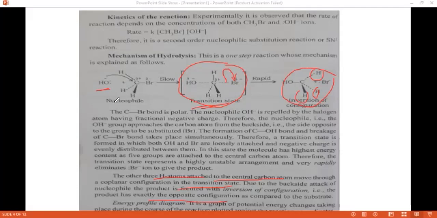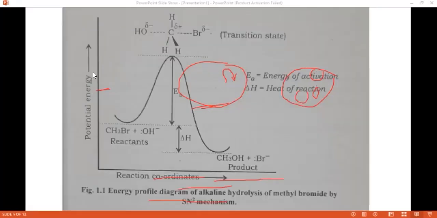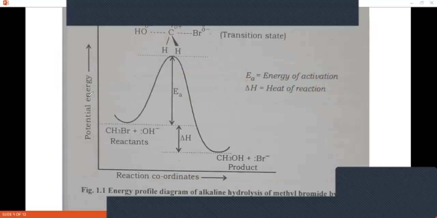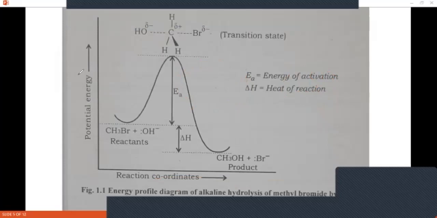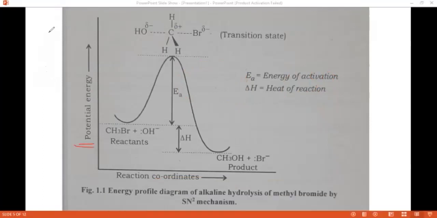Now the next point is the energy profile diagram. It is a graph of the potential energy changes taking place during the course of the reaction, plotted against the reaction coordinate.